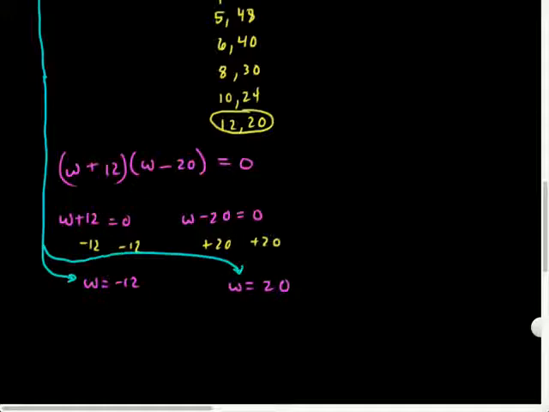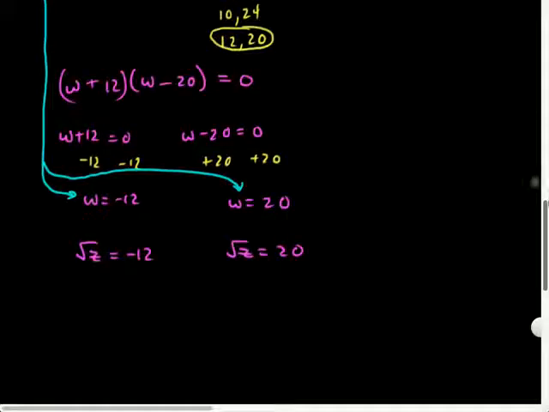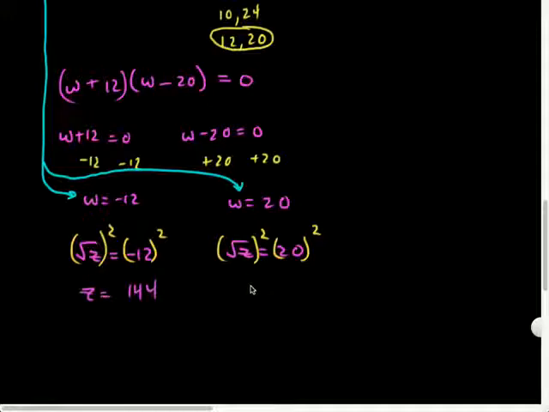So substitute back in. The square root of z equals negative 12. The square root of z equals 20. And when I square both sides, you see that z is equal to positive 144 or z is equal to 400.